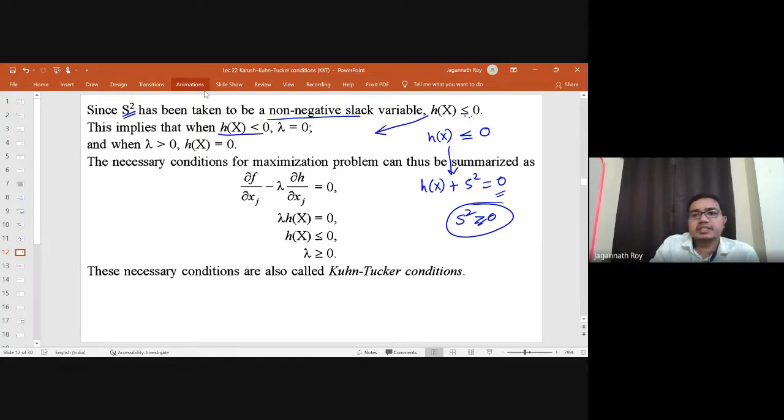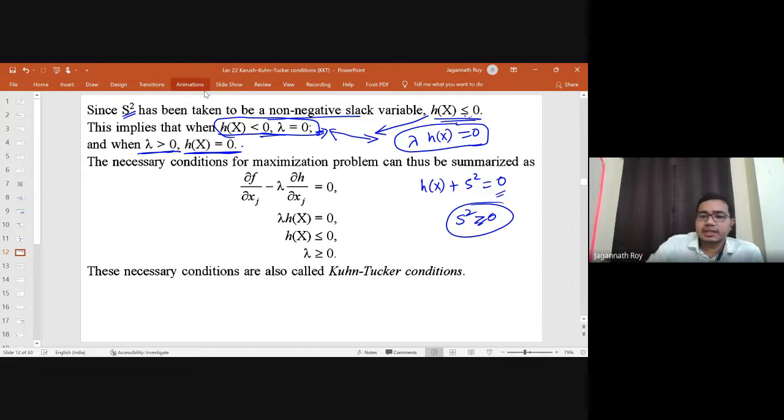If it is strictly less than 0, then this equation lambda into hx equals 0 will indicate lambda equals 0. So that means when lambda is strictly greater than 0, then hx is 0. So we reshuffle the conditions.